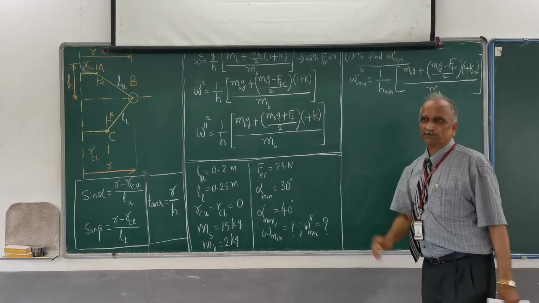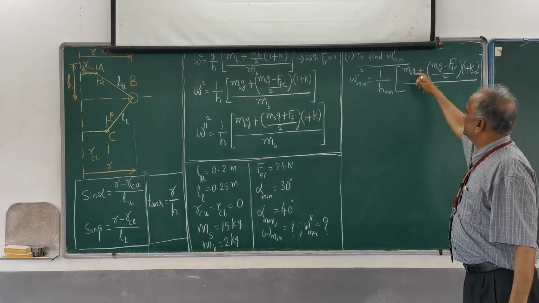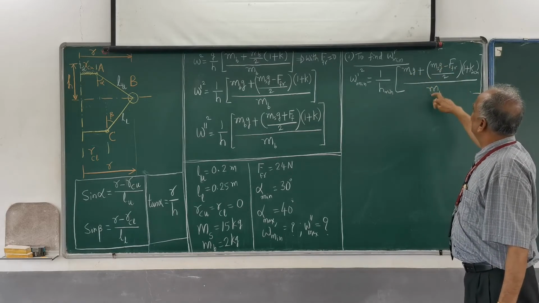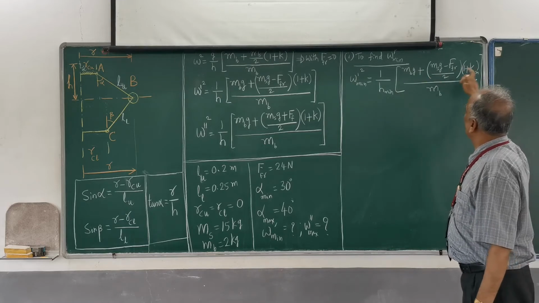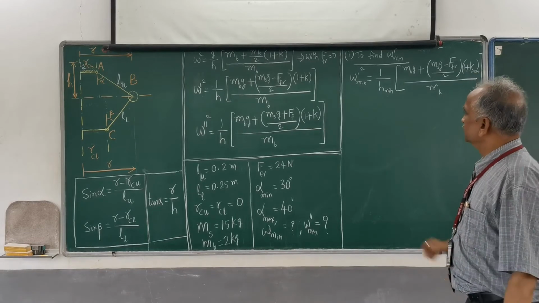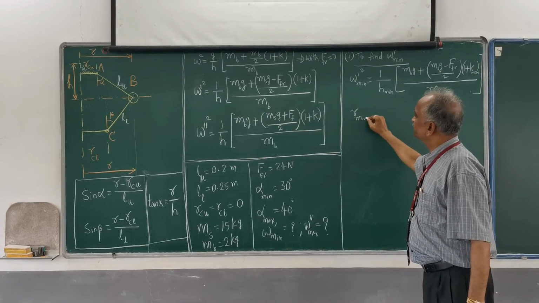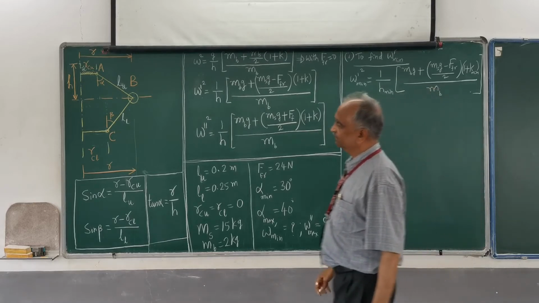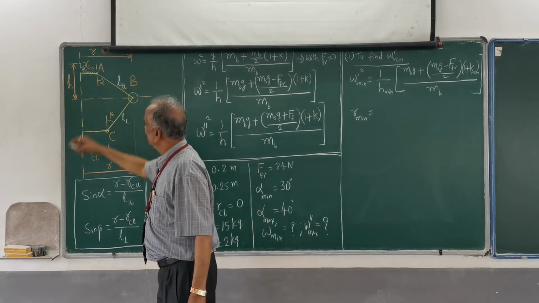Now go to this expression and find out what are the things you know. I know mb, g, ms, g, and ffr. So I need to find out only h minimum and k minimum. For that I shall find r minimum first.